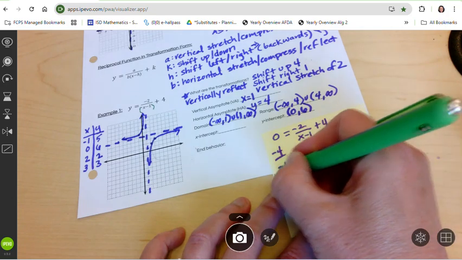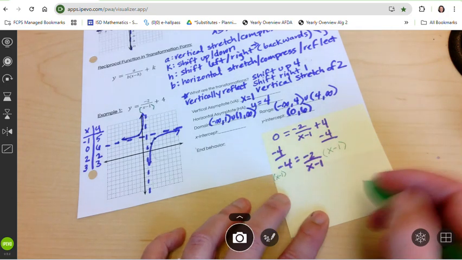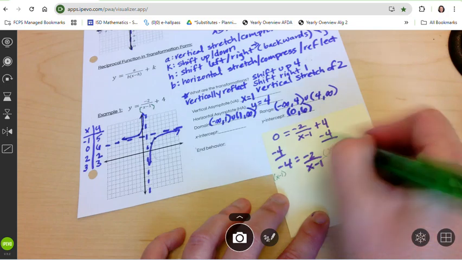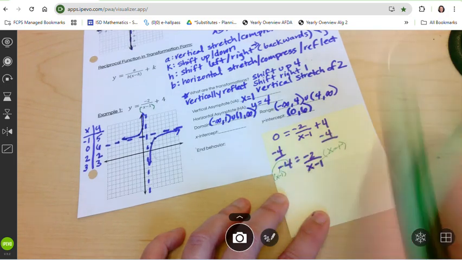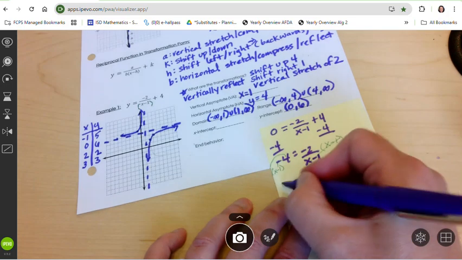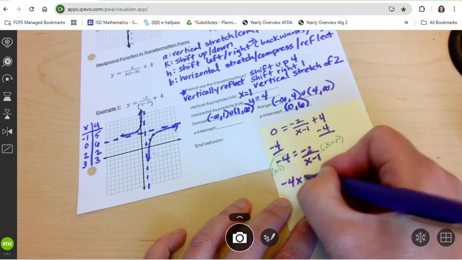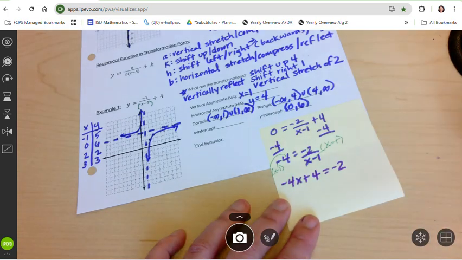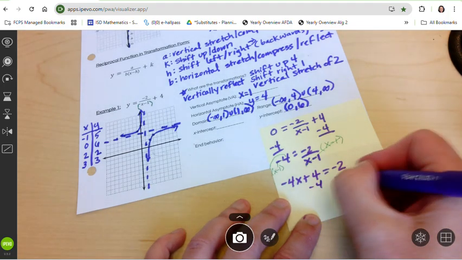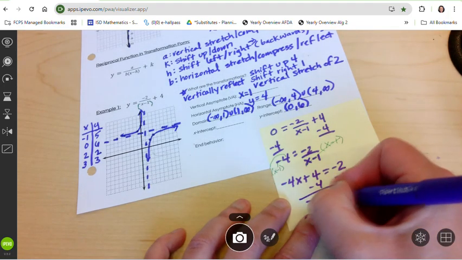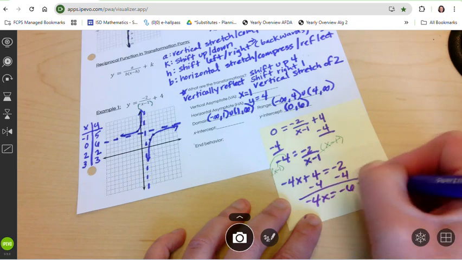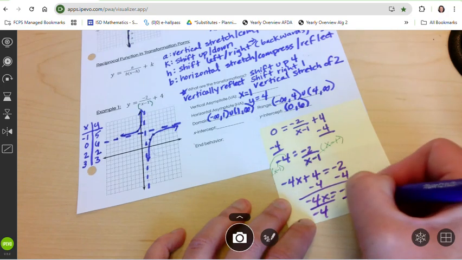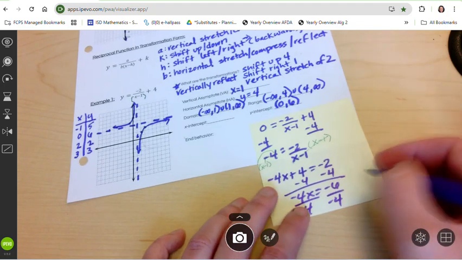There's hardly room to do that here, x minus 1. That would cancel that. This will distribute. -4x plus 4 equals -2. Subtract the 4. -4x equals -6, and then divide. And we get x equals 1.5.